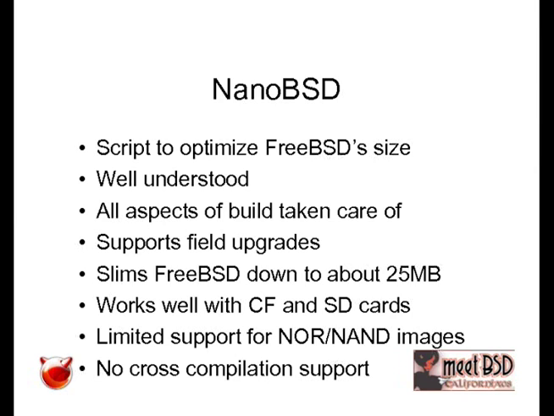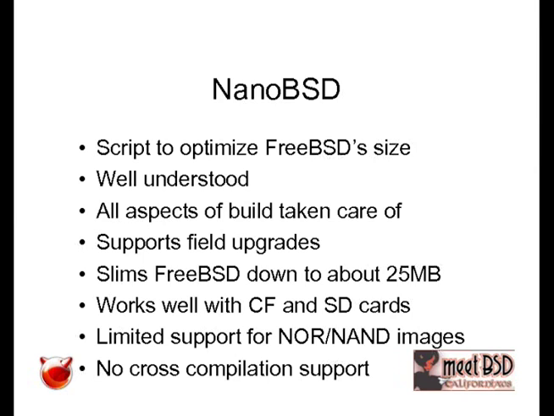This slims down FreeBSD tremendously. You can easily build a NanoBSD system in the 20 to 30 megabyte range. It supports field upgradability through ping-ponging. A lot of the compact flash parts that this is targeted to have gotten much larger than this. So it's very easy to deploy NanoBSD-based systems.